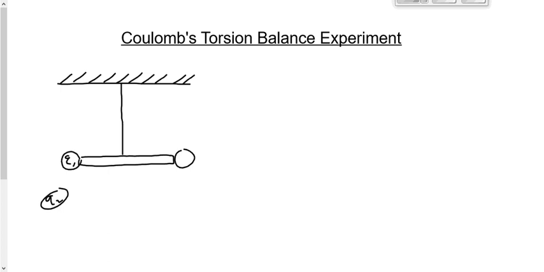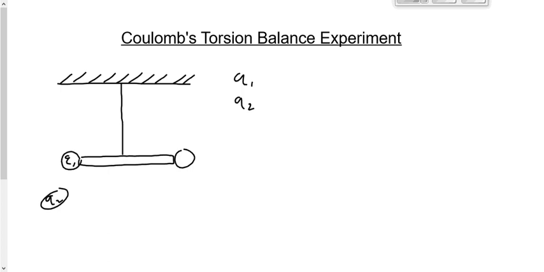Now, we're able to determine indirectly what the charges are here, Q1 and Q2. You understand that when Coulomb did this experiment, he wasn't able to measure the charge directly, but what he was able to do was indirectly measure the charge and therefore manipulate its value through the experiment.